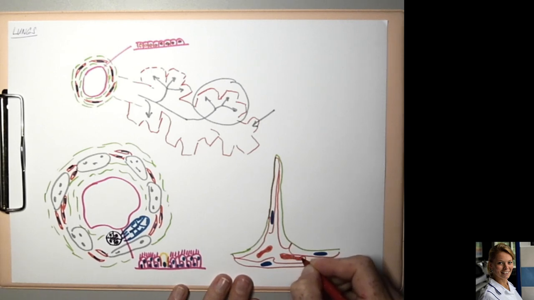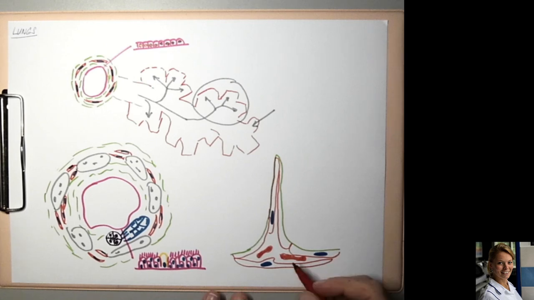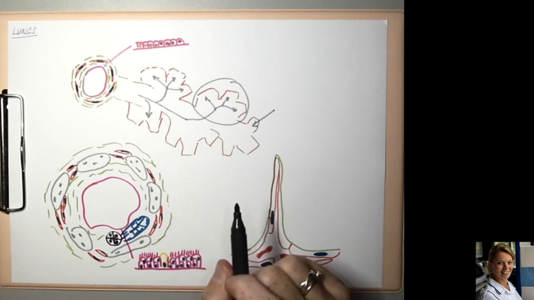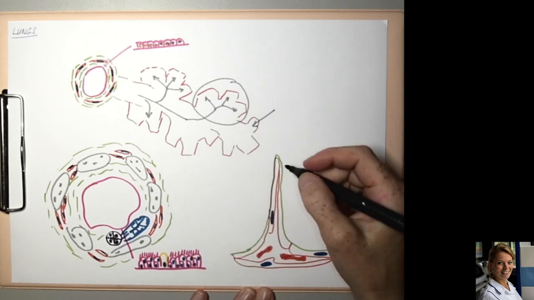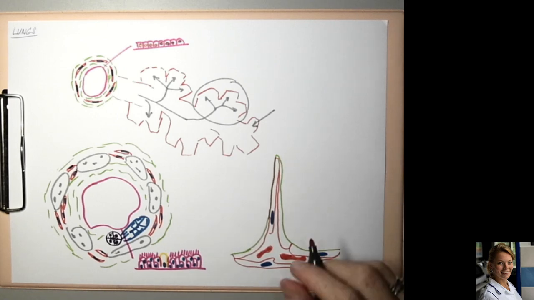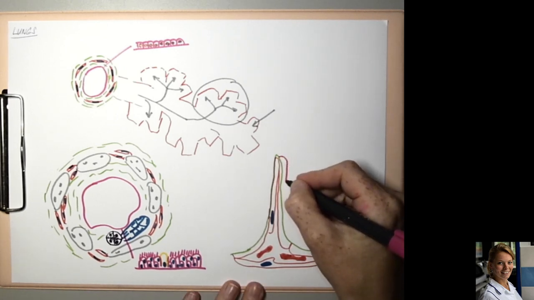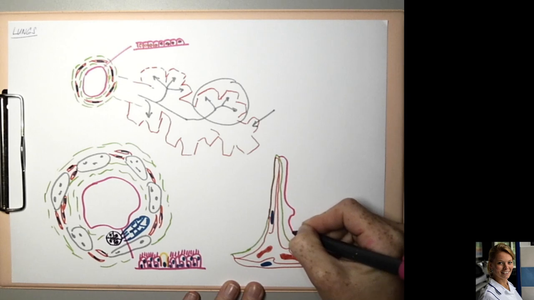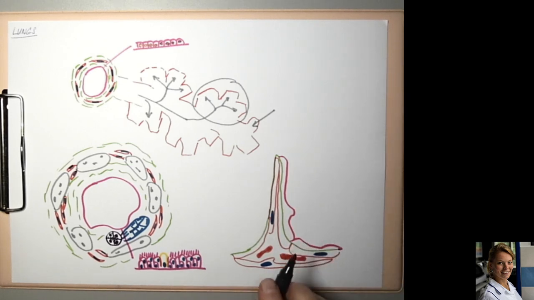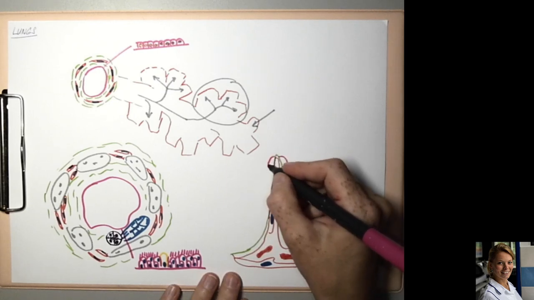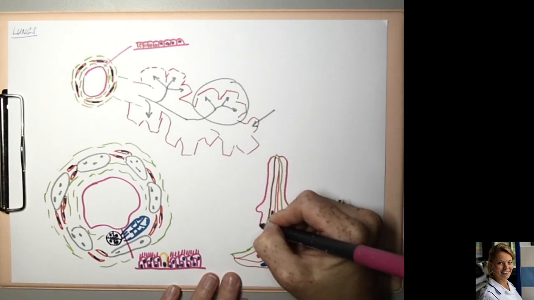The alveoli are lined by a simple layer of flattened type 1 pneumocytes from each side.